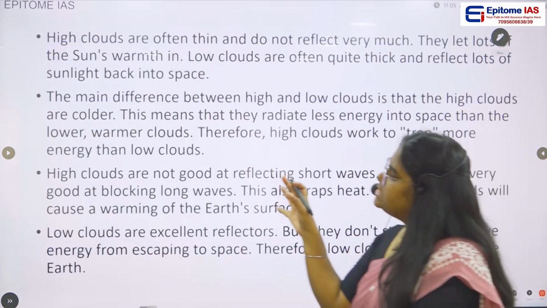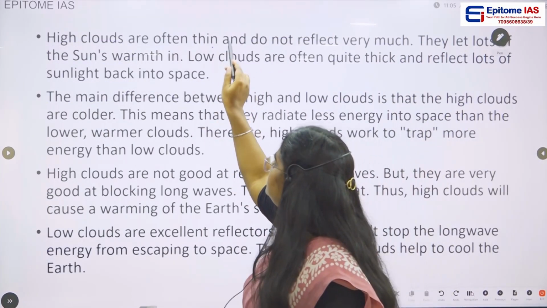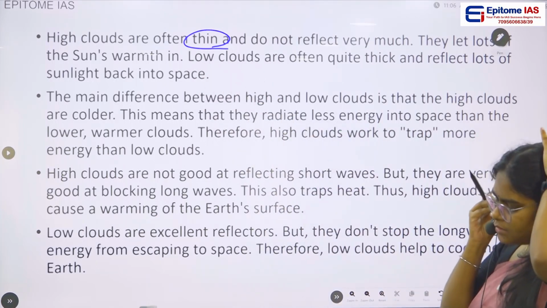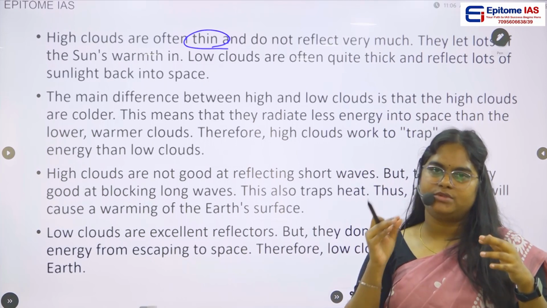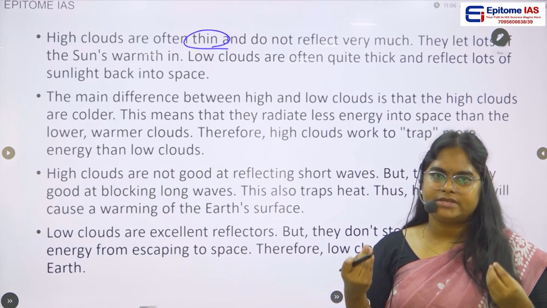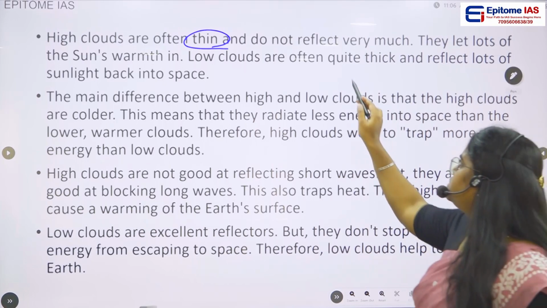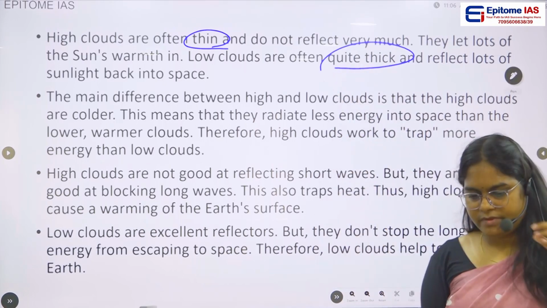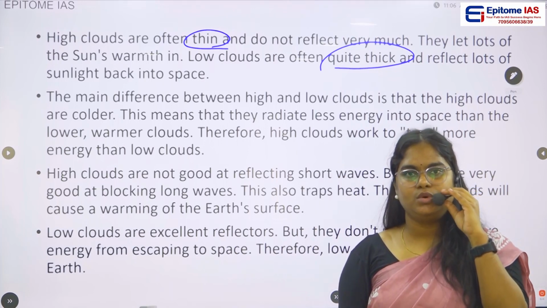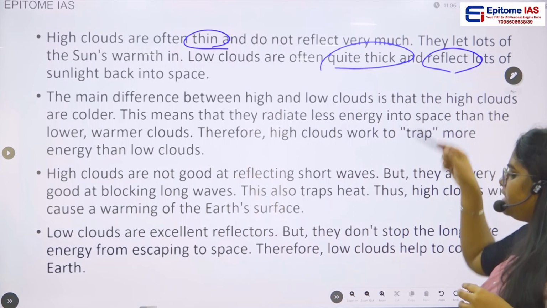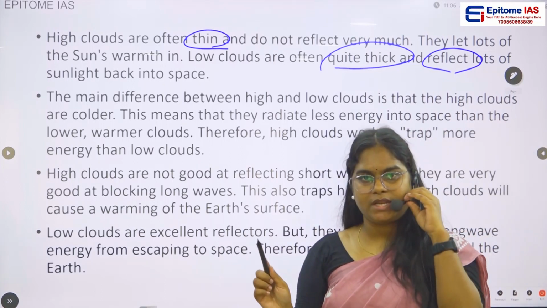If you see here, the high clouds are often thin and do not reflect very much. Because the high clouds are very thin compared to the low clouds, they do not reflect much of the incoming solar radiation. The low clouds are often quite thick, so they reflect back most of the incoming solar radiation.